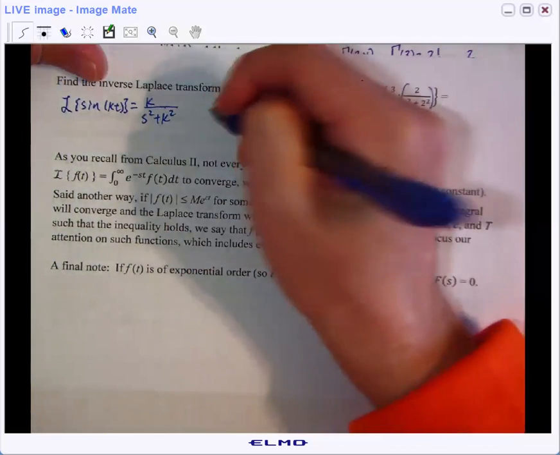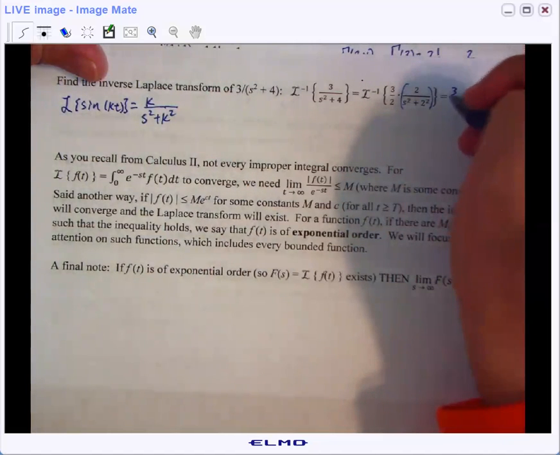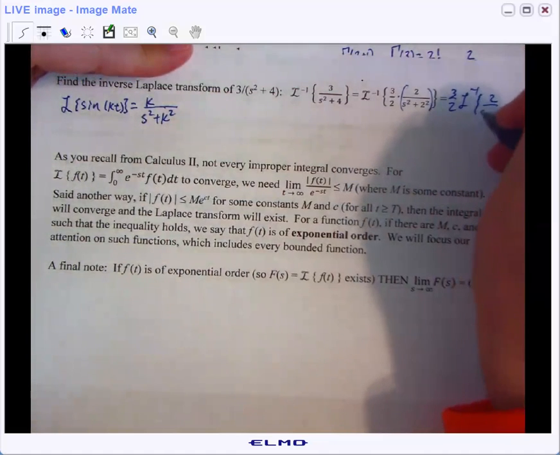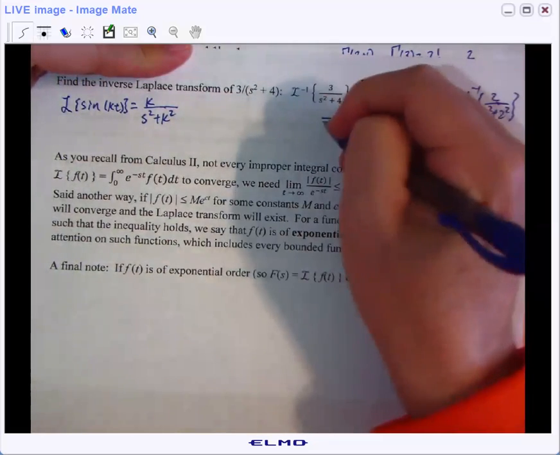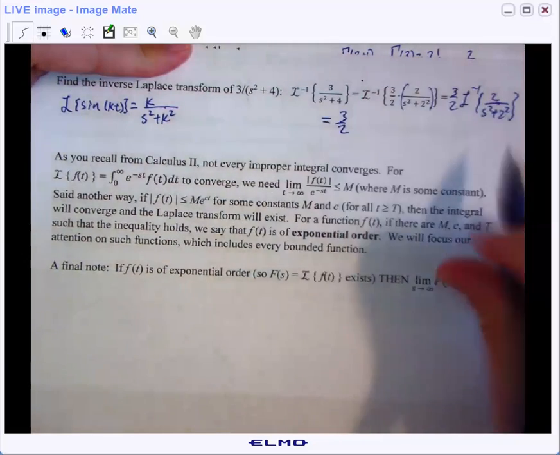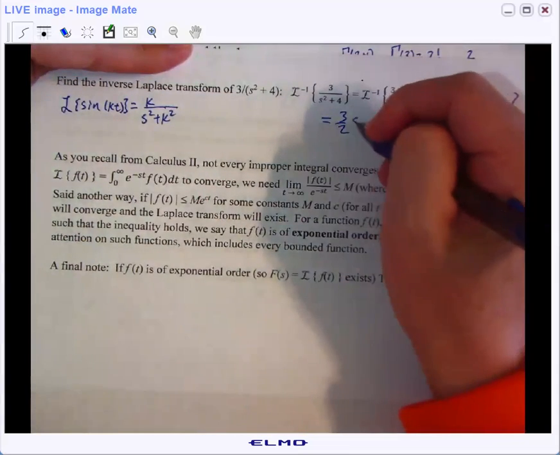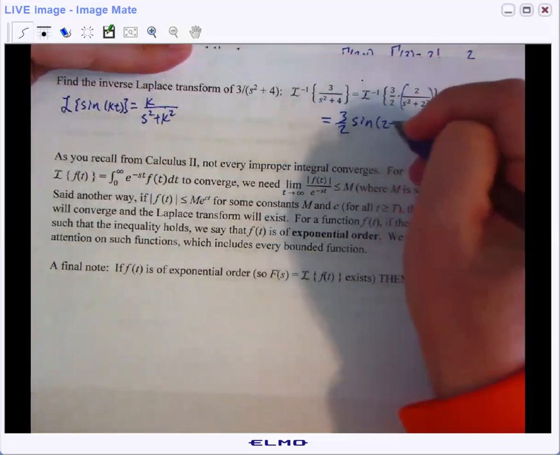And then we can factor this out, so this is going to be 3/2 times the inverse Laplace transform of 2 over s squared plus 2 squared, which then gives me 3/2, and this guy fits that same formula here, so this is sine of 2t.